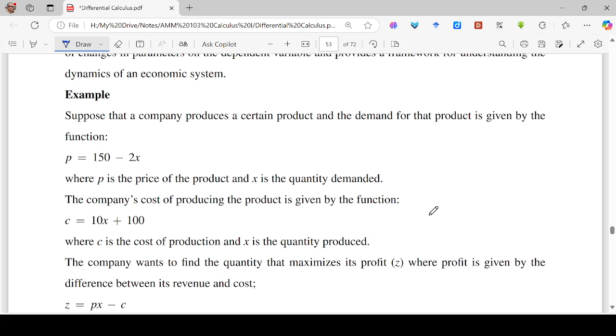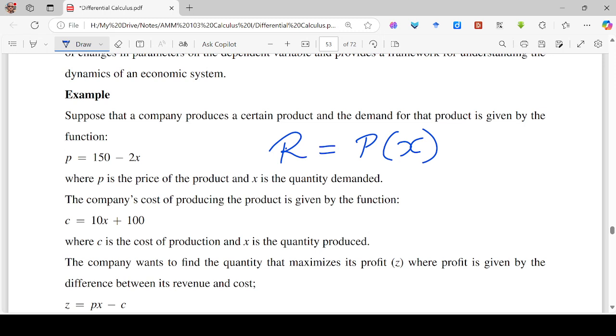The revenue is the proceeds from sales. When you sell your products, you get the revenue. So in this case, the revenue R can be expressed as the price of the product times the quantity that you sell. If the price is P, and you sell X items, then the total amount that you get from the sales will be the price of the product times the quantity sold.